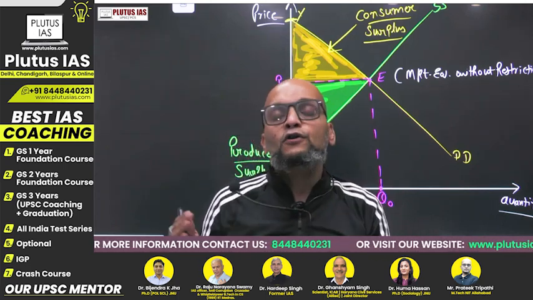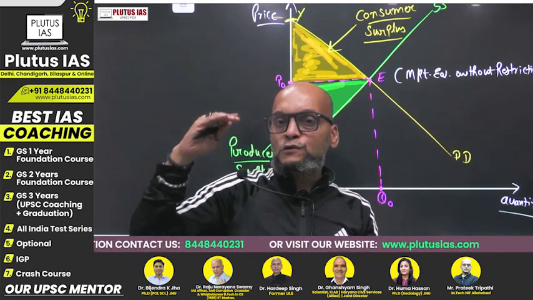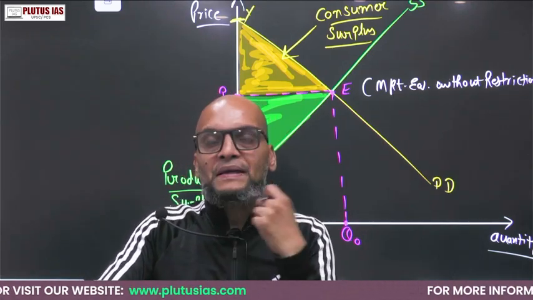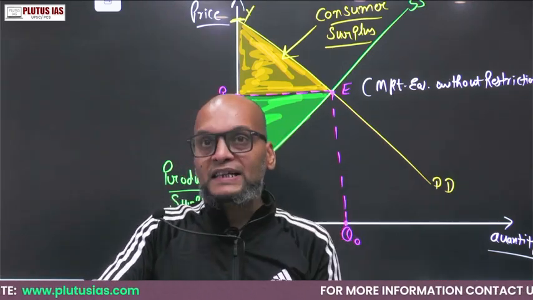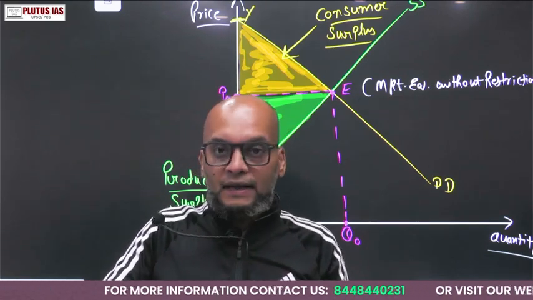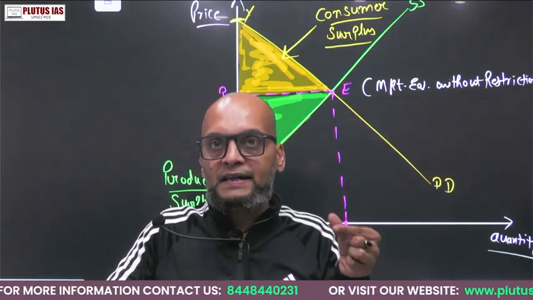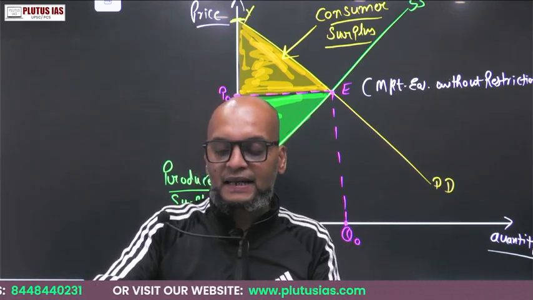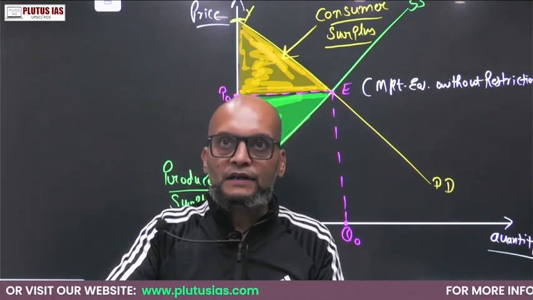So what does government do? Government reduces the price of such goods. Why? So that maximum people can avail these goods. They can consume these goods. And this reduction in price that is done by the government is known as price ceiling. Understood or not? Right.